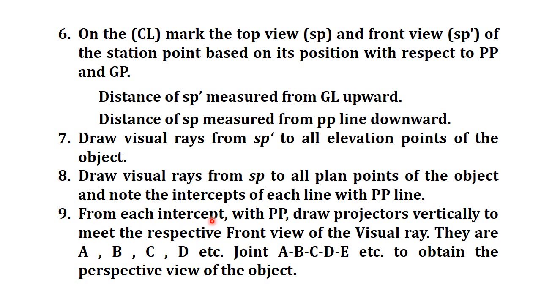From each intercept with PP, draw projectors vertically to meet the respective front view of the visual ray. These points are named with the capital letters A, B, C, D, etc. Then join all these points, and you will get the perspective view of the object. These are the basic steps to follow in the visual ray method.